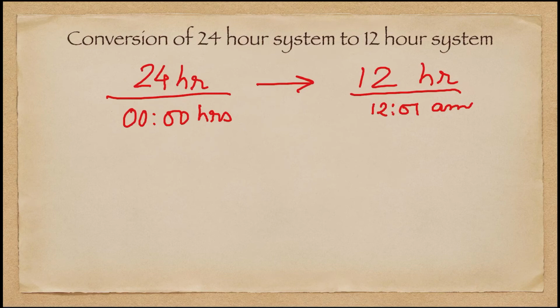So after 0000 hours, it will become 0001 hours. Like this, it will continue. So when you see 00 here, that means it will be 12.